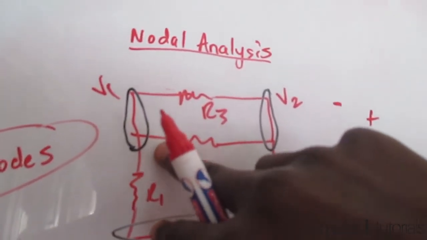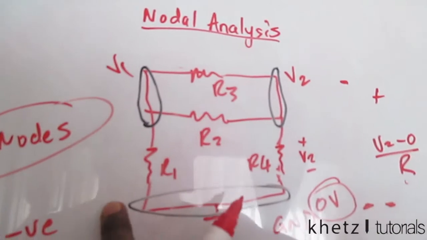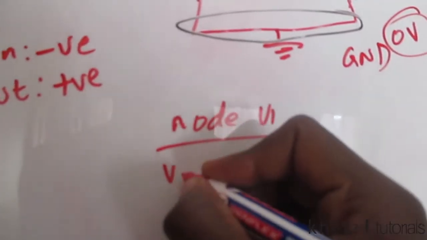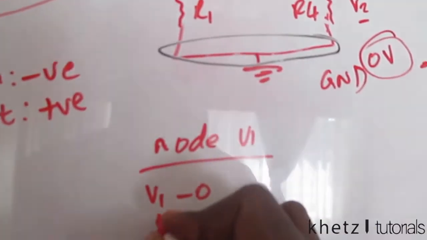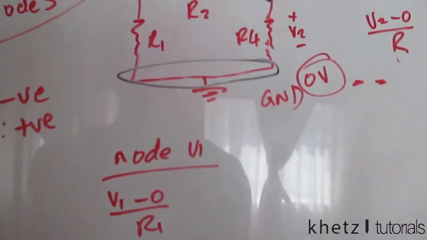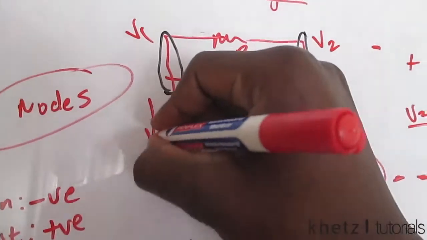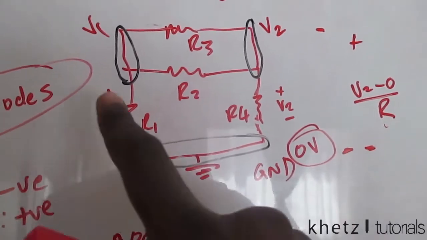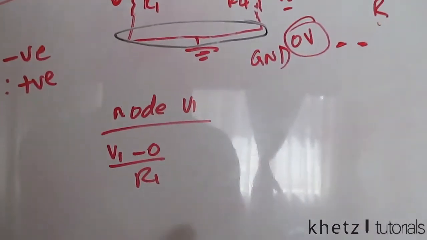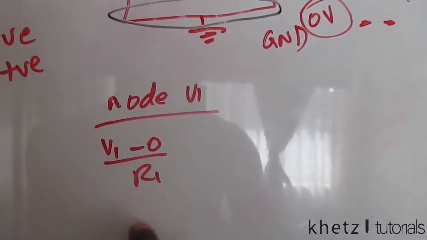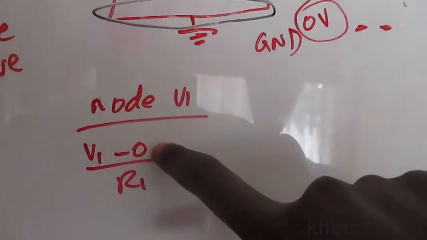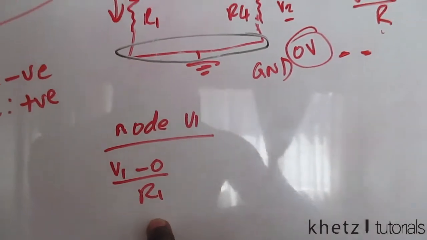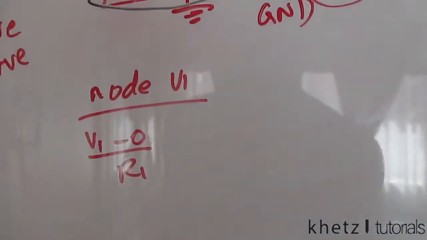The voltage across R1 is equal to V1 minus this node, which is 0. So this is the same as V1 minus 0 divided by R1. That is the current which goes out there, right? Because I said out is positive in my case. As you sometimes see in your textbooks, they don't really put the 0 because it's not necessary. So you can just say V1 divided by R1, which is what I basically do most of the time when I solve my problems.